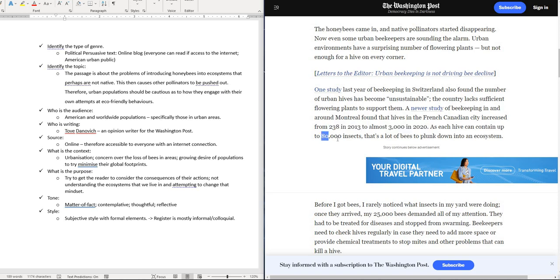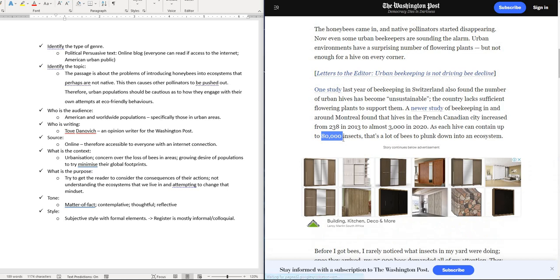And then he says each hive can contain up to 80,000 insects. So can you imagine 3,000 times 80,000 insects? That is a huge amount of what is essentially invasive because it has been placed there by humans.